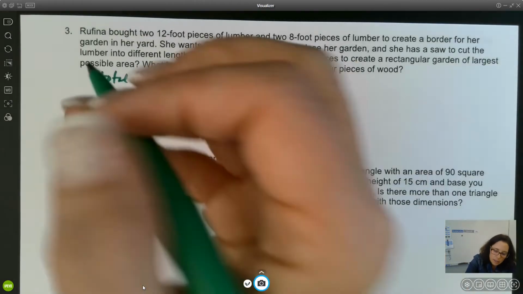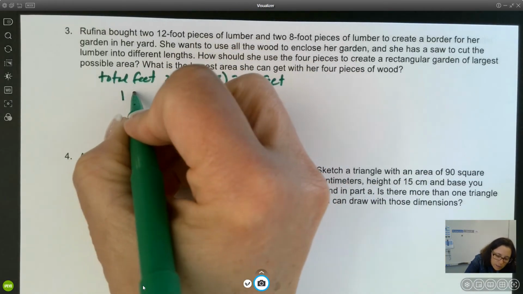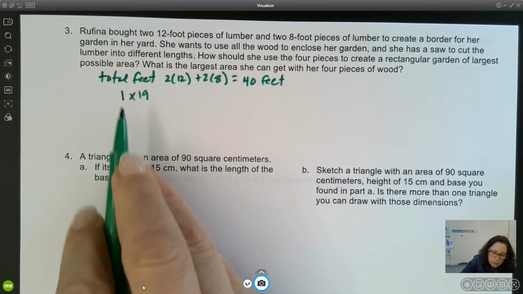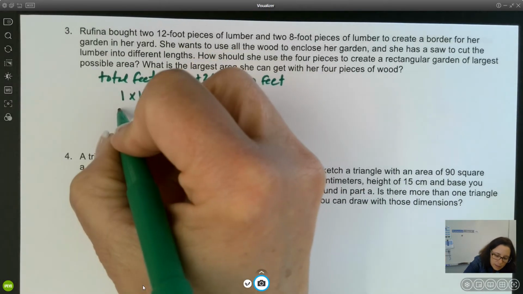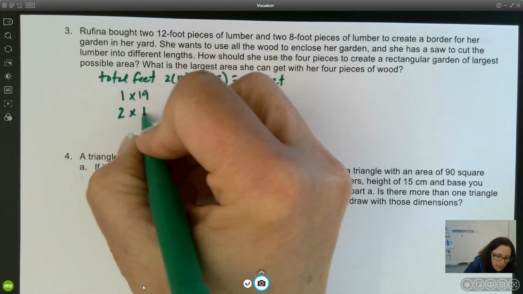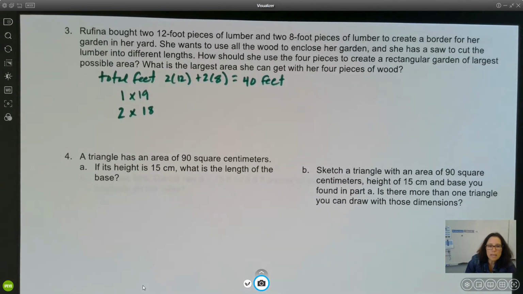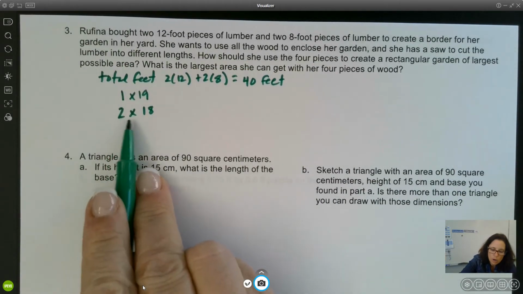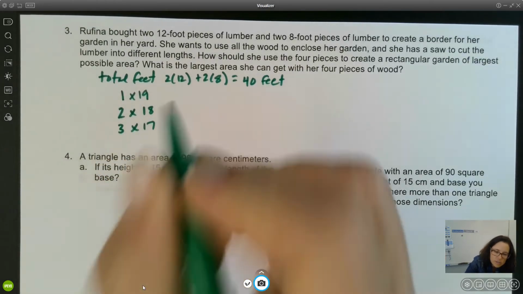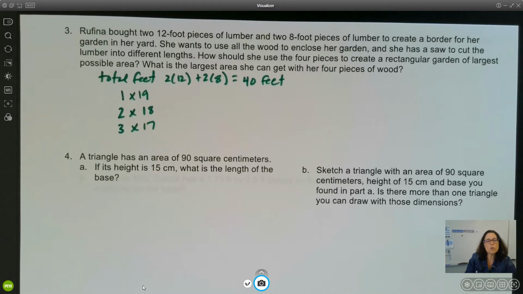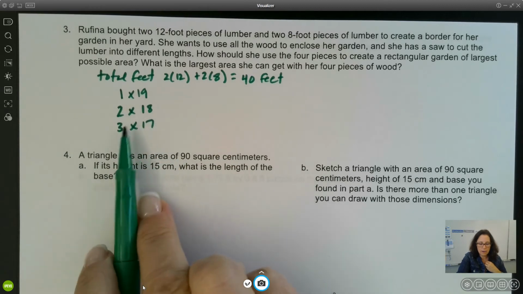So if we did 1 by 19, we would have 2 plus 38, that works. 2 by 18, that would be 4 and 36, that works. 3 and 17 works. So you want to get every combination that adds, these all add to 20, right?